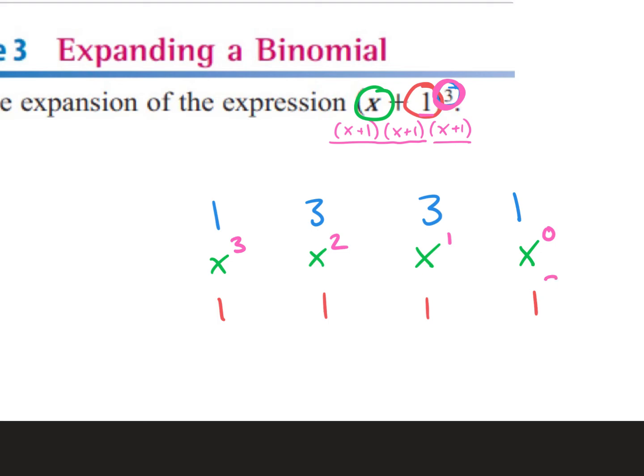So our exponents end with 3 and go down from there, or you could start with 0 and go up. One way to always check that you did this right is that our exponent is 3, so these numbers will always add up to 3. So 3 plus 0 is 3, 2 plus 1, 1 plus 2, 0 plus 3. It'll always add up to 3 to make sure each column is right.